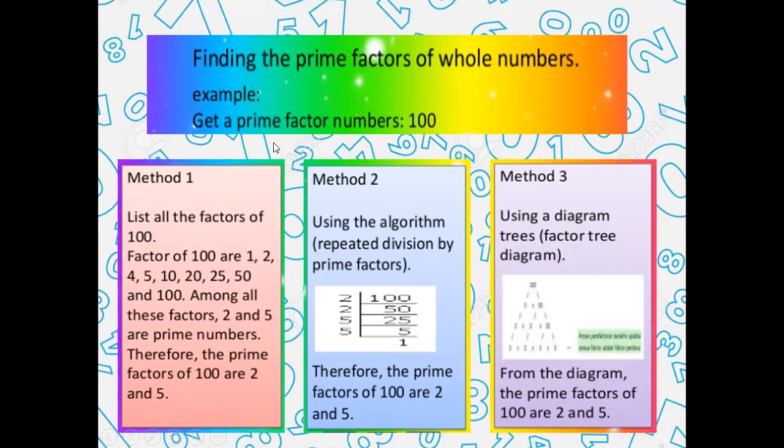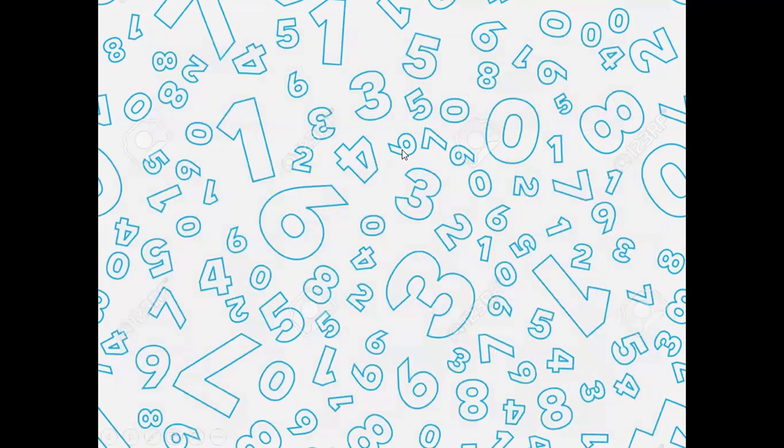You can choose according to your liking which one you think gives you shorter time, or you find easier to use in finding prime factors. You can take any of these methods, as long as you can describe how you got it, and the final answer will be the same.